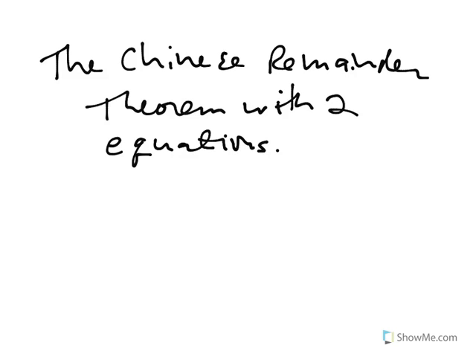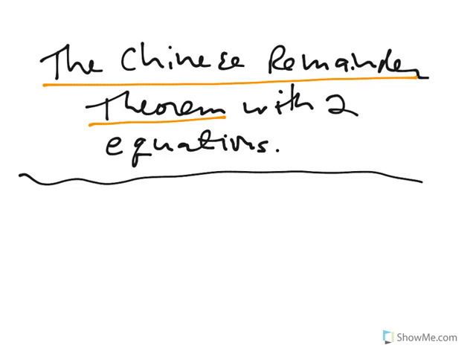The Chinese remainder theorem is a type of question that first appeared in China around, I think, 200 AD, and you can recognize a Chinese remainder theorem problem.